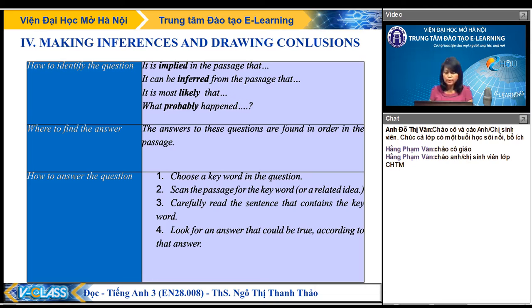Section 4 of the lesson today: making inferences and drawing conclusions. Here are some common questions for this type of exercise. "It is implied that..." Inference here means that the writer does not mention something directly in the reading.